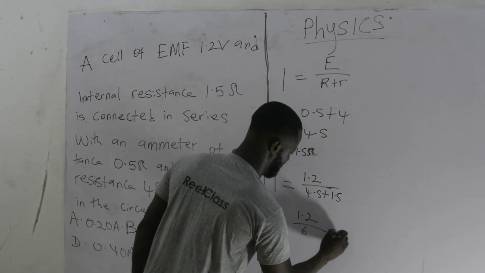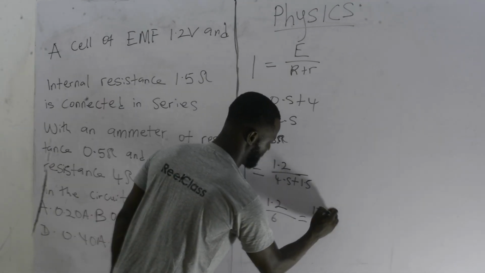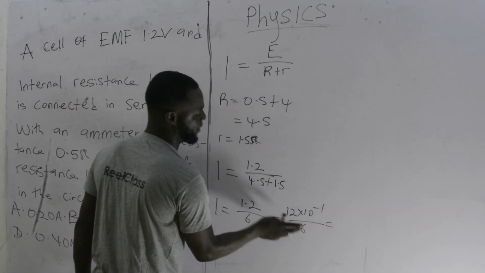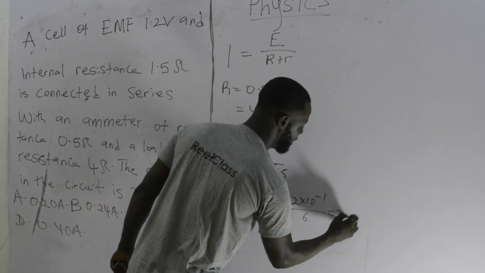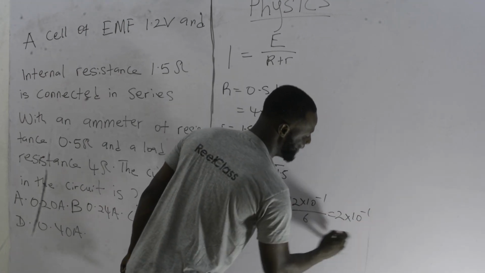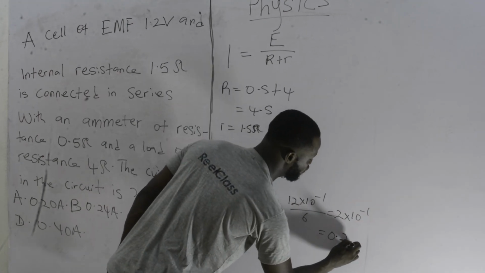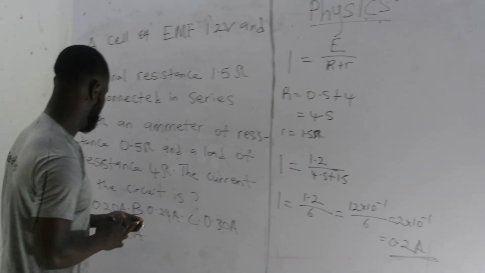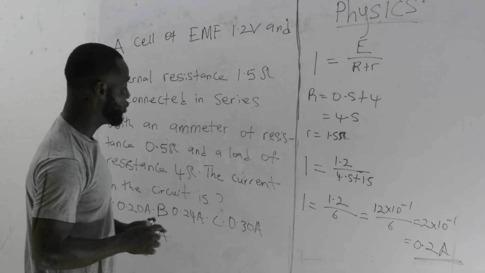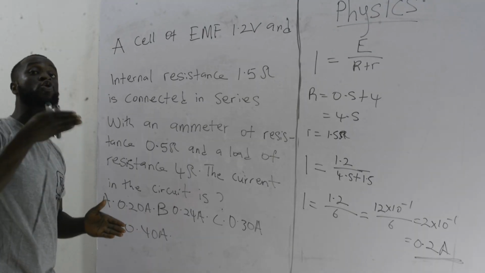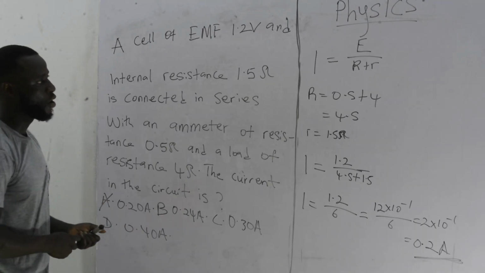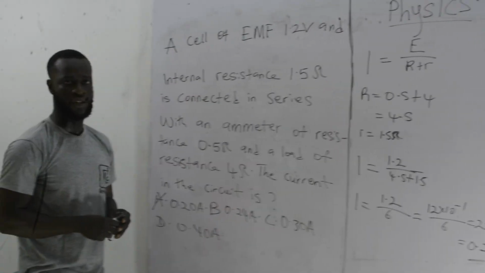This is the same thing as simply saying 12 times 10 to the power minus 1 divided by 6. And this is the same thing as saying 6 goes into 12 is 2, times 10 to the power minus 1. That is basically just 0.2 amperes as the current flowing in the circuit. 0.2 amperes is the same thing as 0.20, and that's option A in this question. Now let's look at the second question.